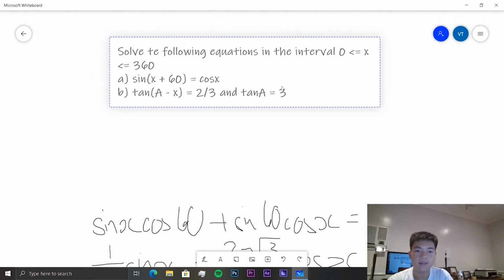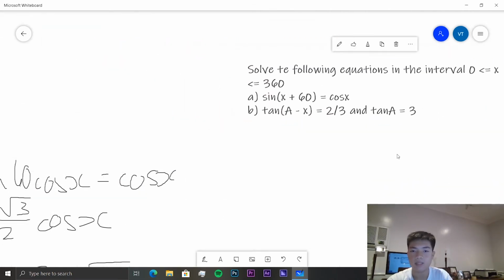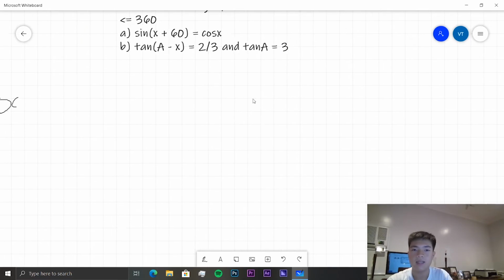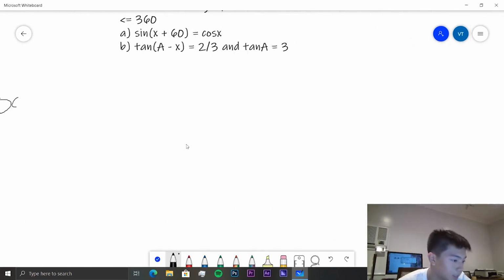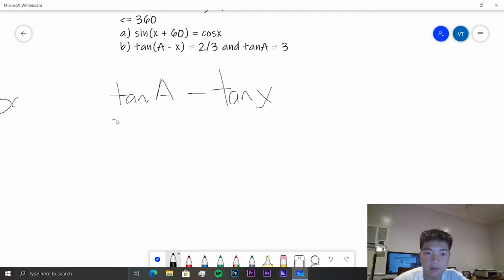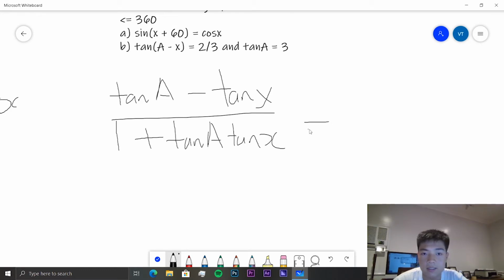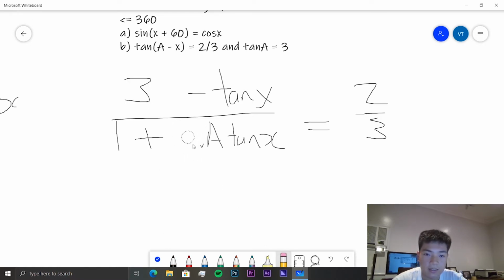Anyways, tangent of a minus x is equal to 2 over 3, and tangent of a is equal to 3. So we can expand this into tangent of a minus tangent of x over 1 plus tangent a tangent x is equal to 2/3, and tangent a is equal to 3. So let's substitute that in. We have 3 minus tangent of x over 1 plus 3 tan x.